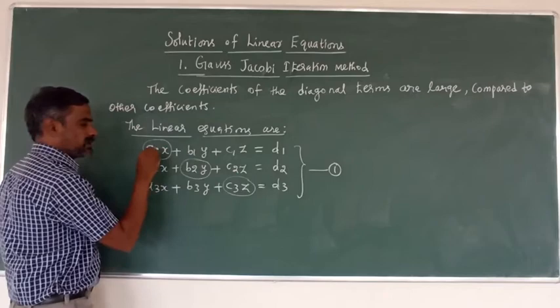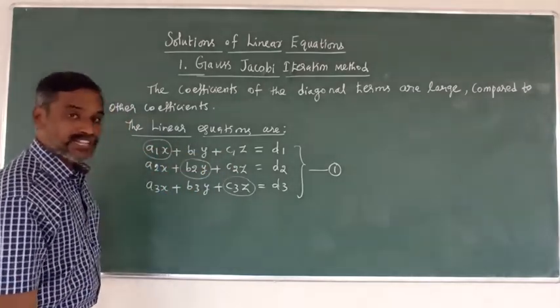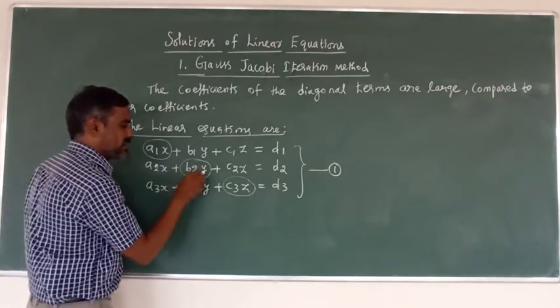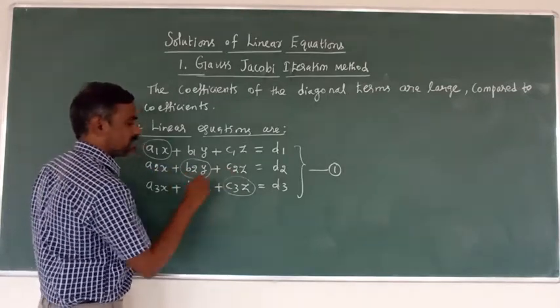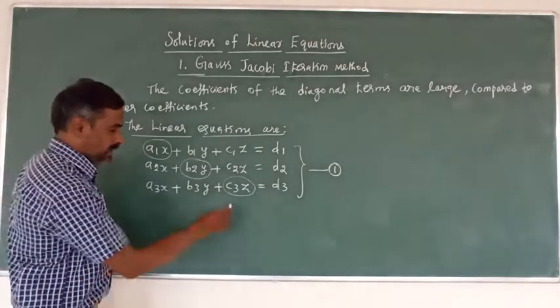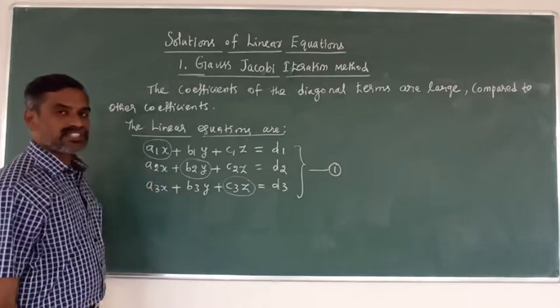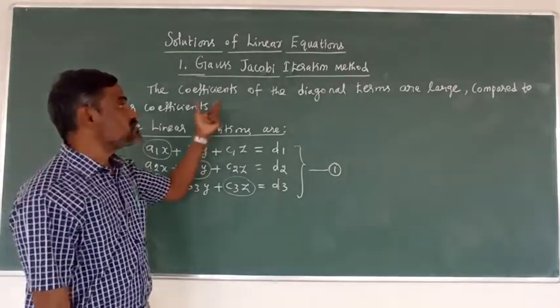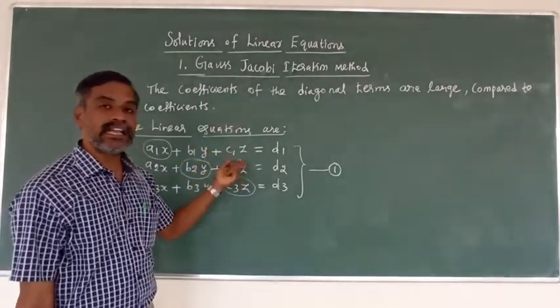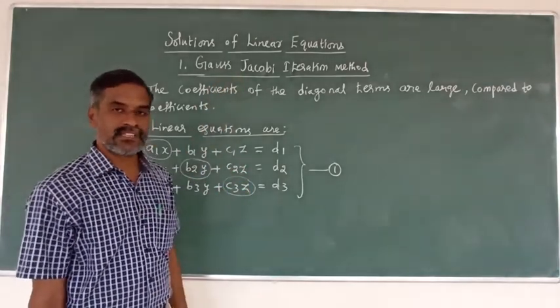Suppose here the x value is large compared to the other coefficients, here the y value is large compared to the other coefficients, and here the z value is large compared to the other coefficients. Then only can we solve the given linear equations by the Gauss-Jacobi iteration method.